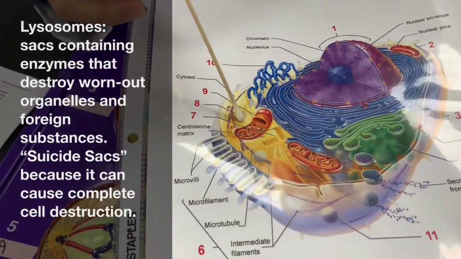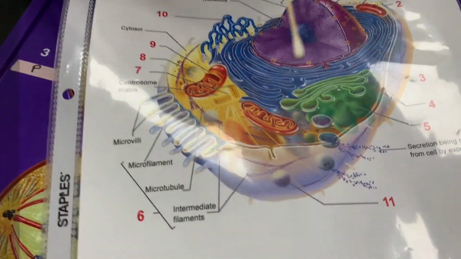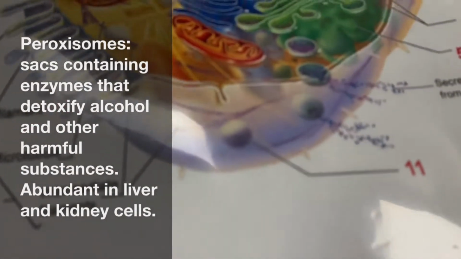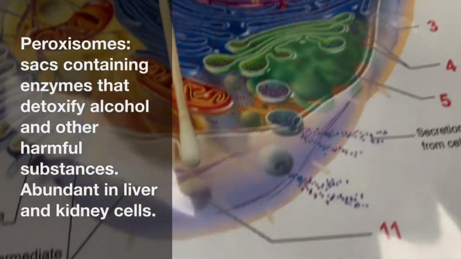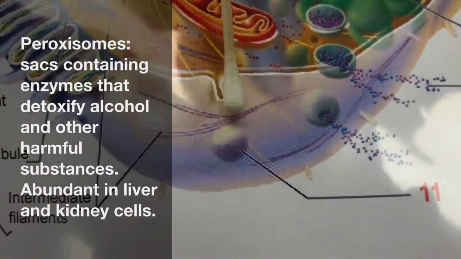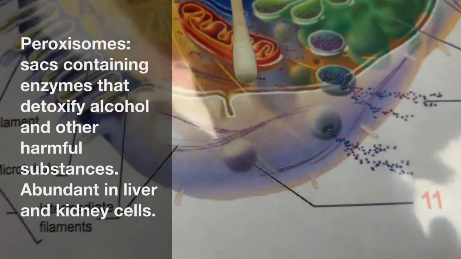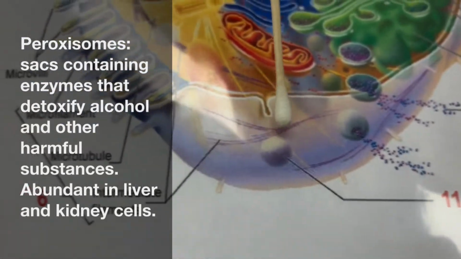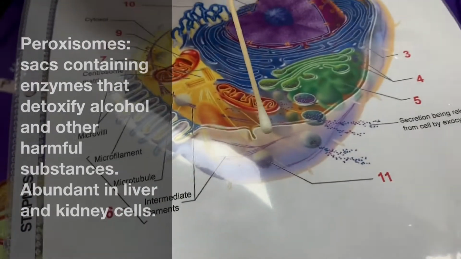I call them bombs. Then we have peroxisomes, which are similar to lysosomes. Right here, that's a peroxisome. One particular thing about them is that you find a higher concentration of them in liver and kidney cells.